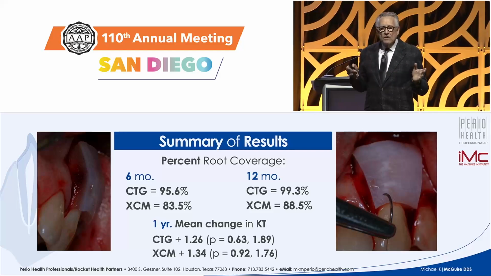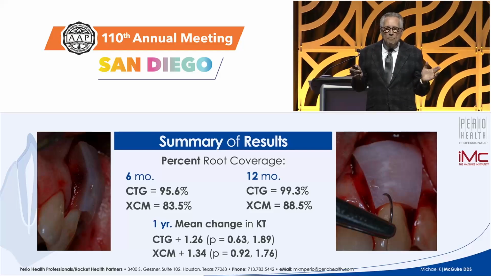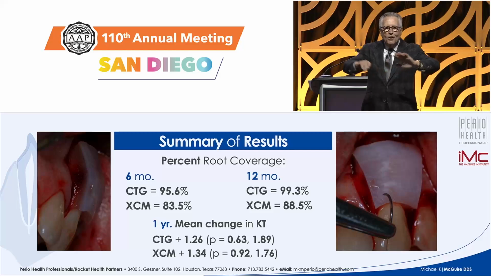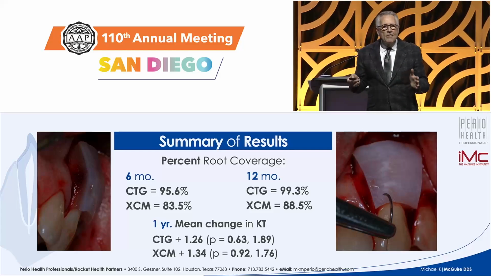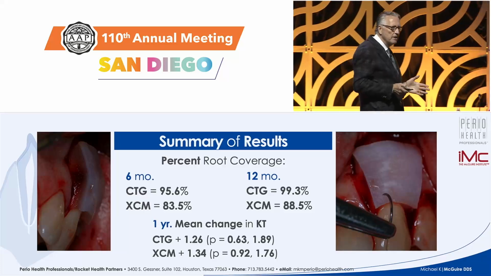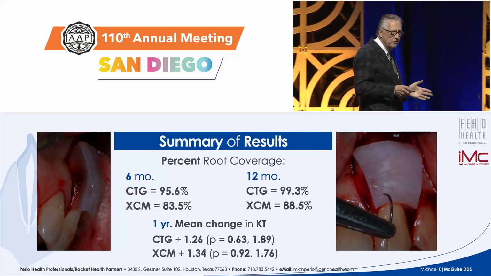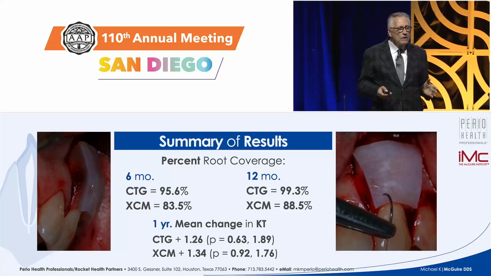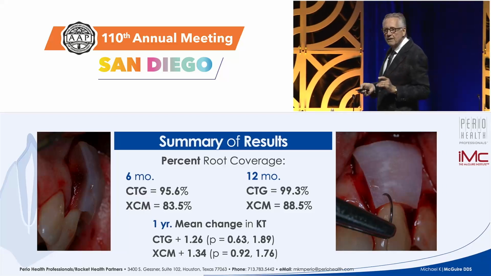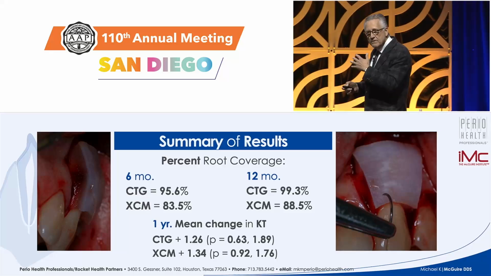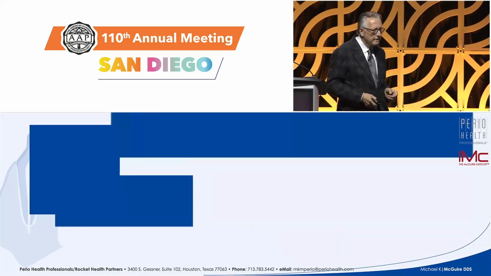So there is a lot of evidence out there. A lot of new evidence, long-term evidence, but happen to be newly published, about the importance of keratinized tissue as it relates to preventing recession and to maintaining health. So if you're looking for root coverage, but also your patient needs keratinized tissue, this might be an alternative to keep in mind.